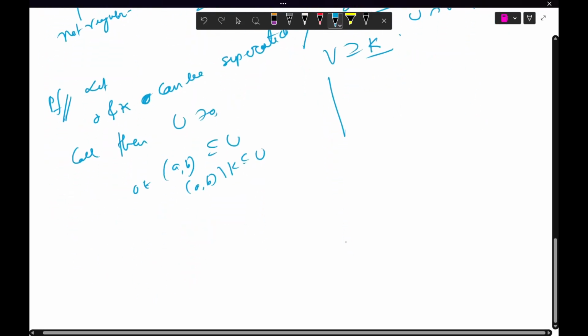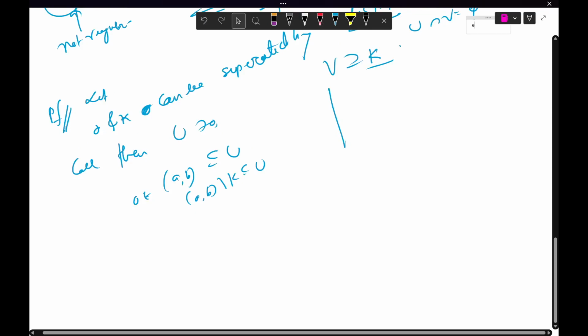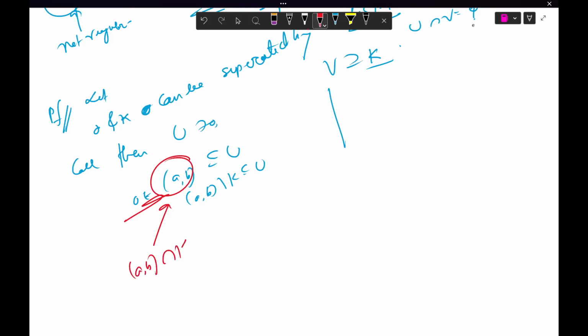Okay, but if the disjoint neighborhood is of the form open (a, b) and contains 0, then by the Archimedean property, this intersection is empty. So the open neighborhood must be of the form this.